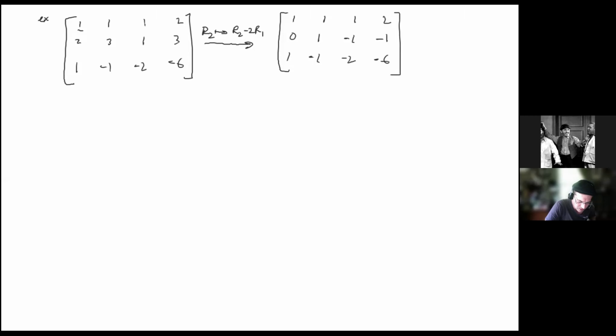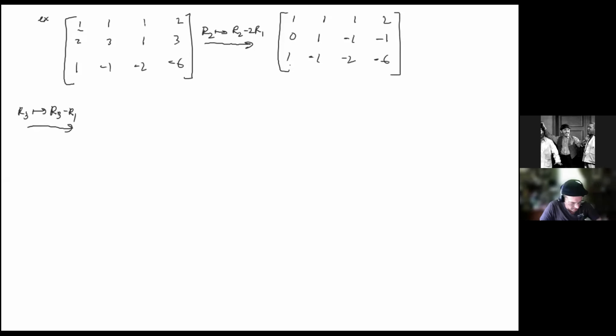So now I have to clear the other 1 in the first column. So what I could do is take row 3 in the matrix and subtract row 1 from it. Row 3 gets transformed to row 3 minus row 1.